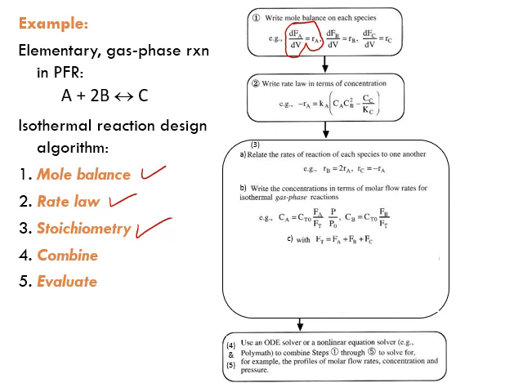CA equals FA over epsilon. What does FA equal? Do I write FA equals FA naught times 1 minus X? No, I don't, because we said X is not my preferred variable. So I'm just going to leave it as FA.